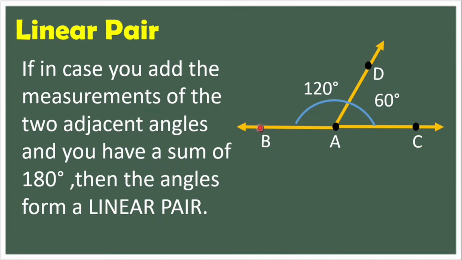In this example, angle BAD is adjacent to angle DAC. And pag inadd natin yung measurement nila, they are equal to 180 degrees. So that is a linear pair. Measurement of angle BAD plus measurement of angle DAC is equal to 180 degrees.